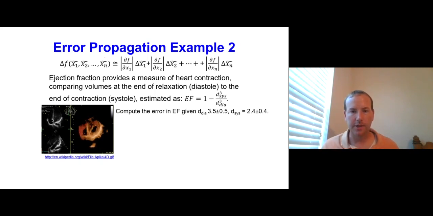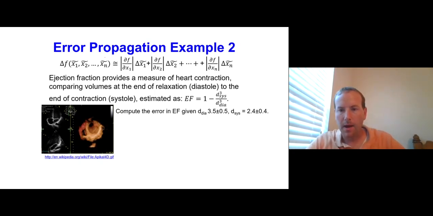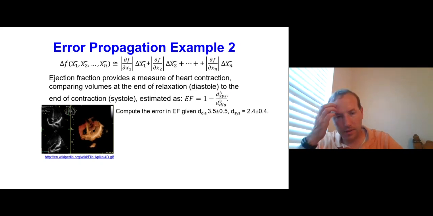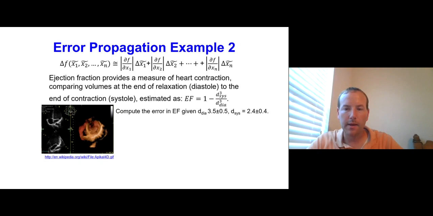The ejection fraction, or the amount of contraction overall, is estimated using this equation: 1 minus the dimension in systole cubed divided by the dimension in diastole cubed. This is just a way to estimate the volumetric contraction when only looking in 2 dimensions.